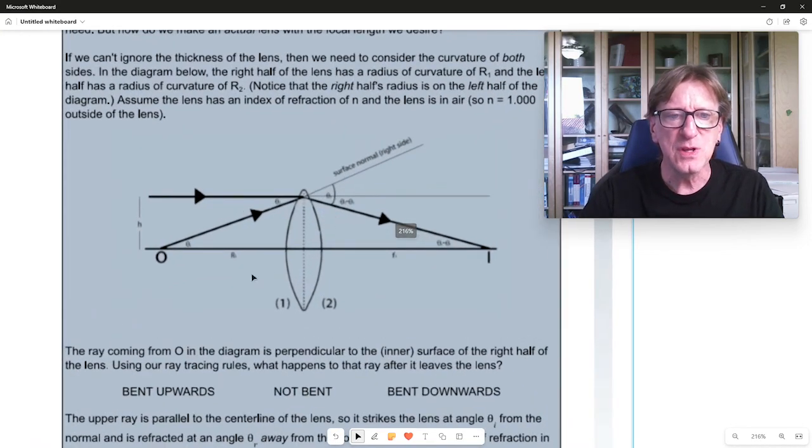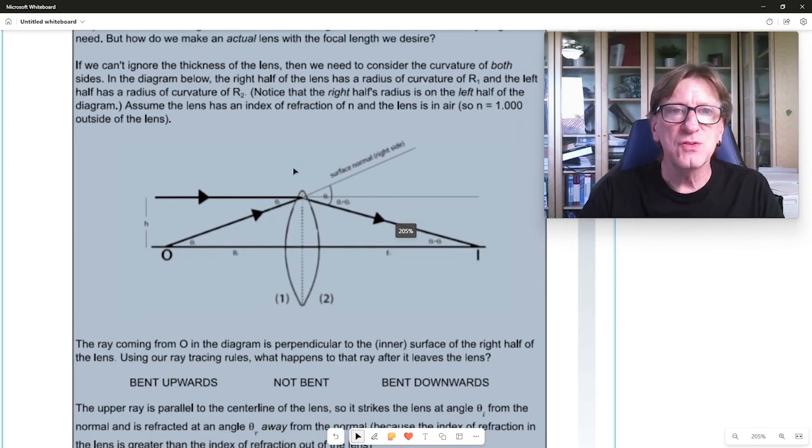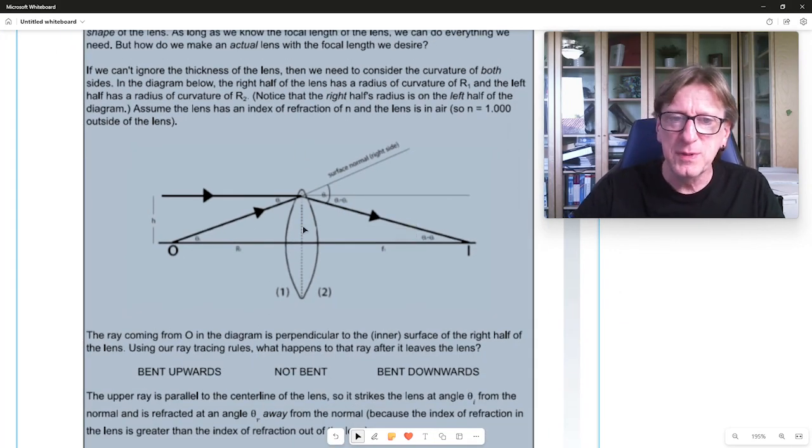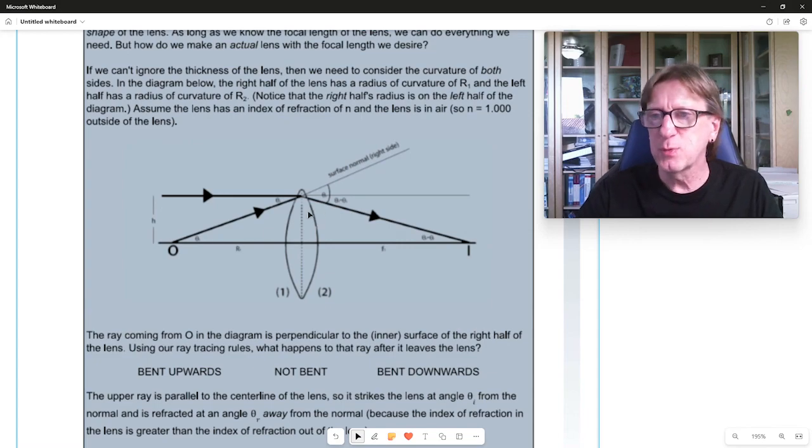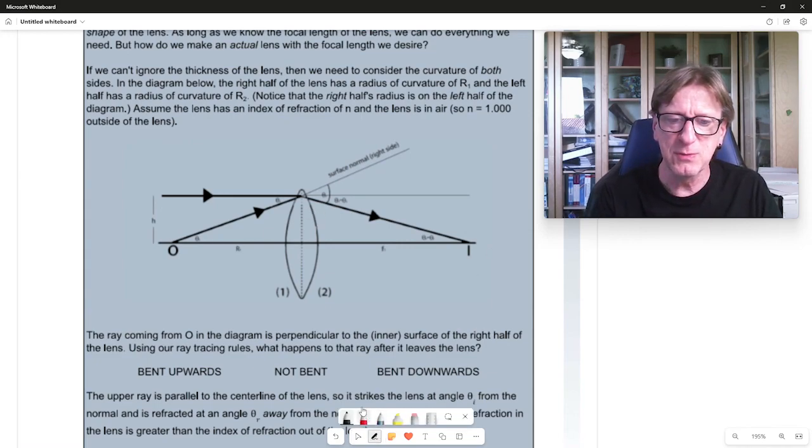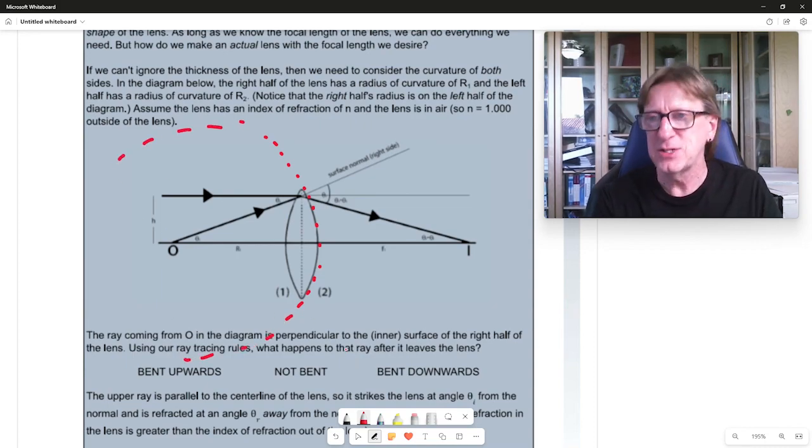So look at the diagram that we've got here. Something that might get a little bit confusing is that we're going to talk about the radius of curvature. For this lens, imagine that I had an entire sphere here. I don't, I've only got a tiny little piece of it.